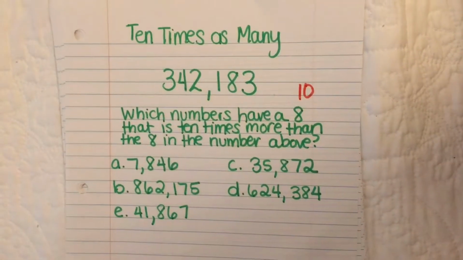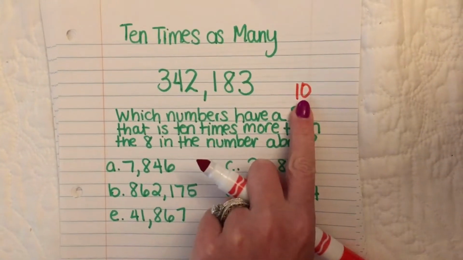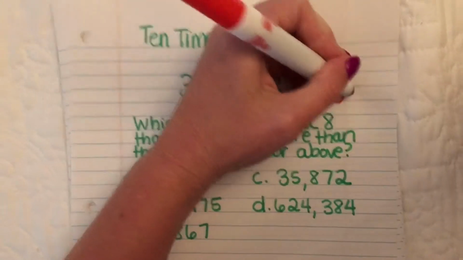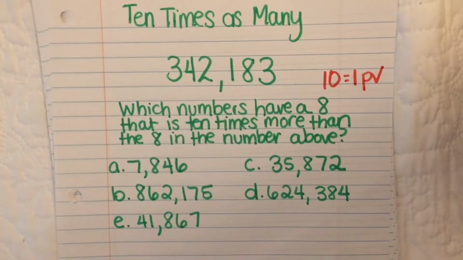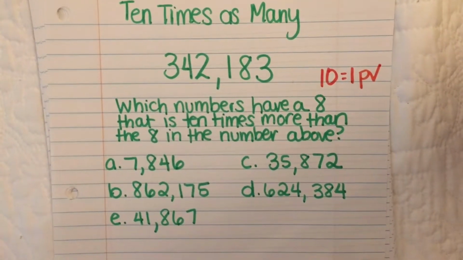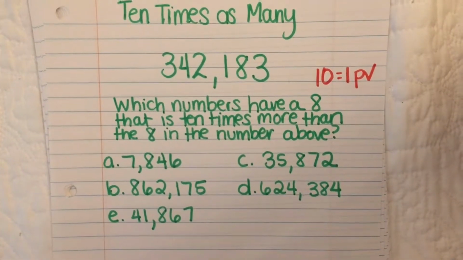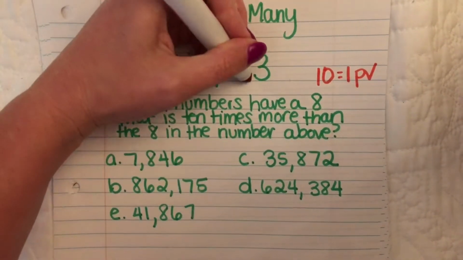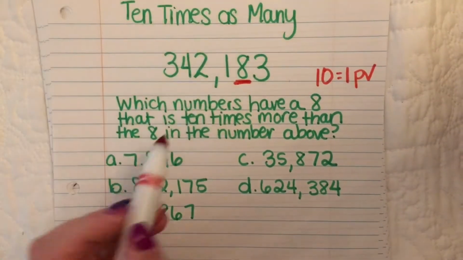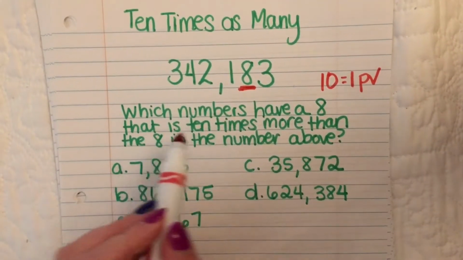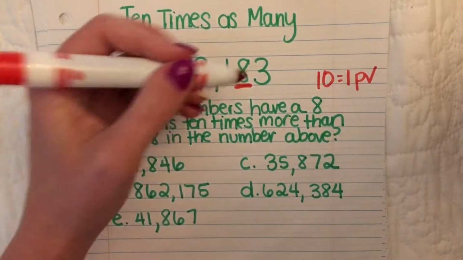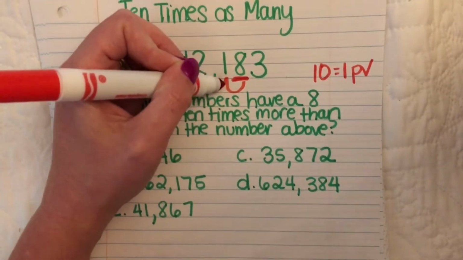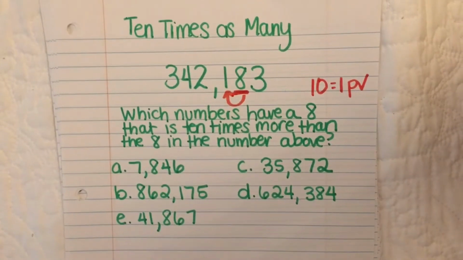We have 1 zero in the 10, that means it's one place value. So we're looking at which digit here. 8, good. So we're really looking at this 8 right here, and it says which numbers have an 8 that is 10 times more. So essentially we're looking for an 8 that is 10 times more. That would be one place value over.